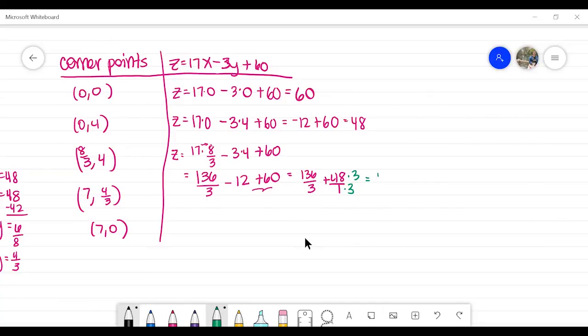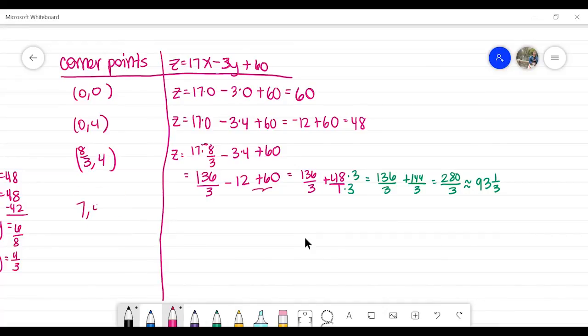So this gives us 136 over 3 plus 144 over 3, which gives us 280 over 3, which is about 93 1/3. So again, keeping us in the frame of who is larger. It's exactly 93 1/3. So far, that's our winning candidate. I'm going to scoot these two down.